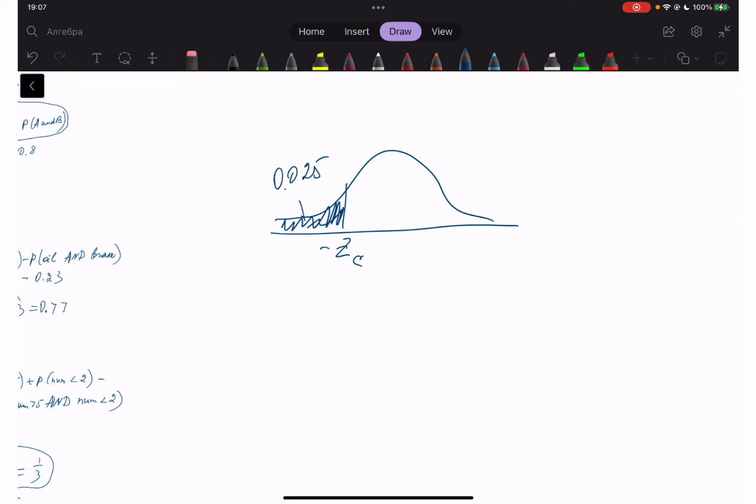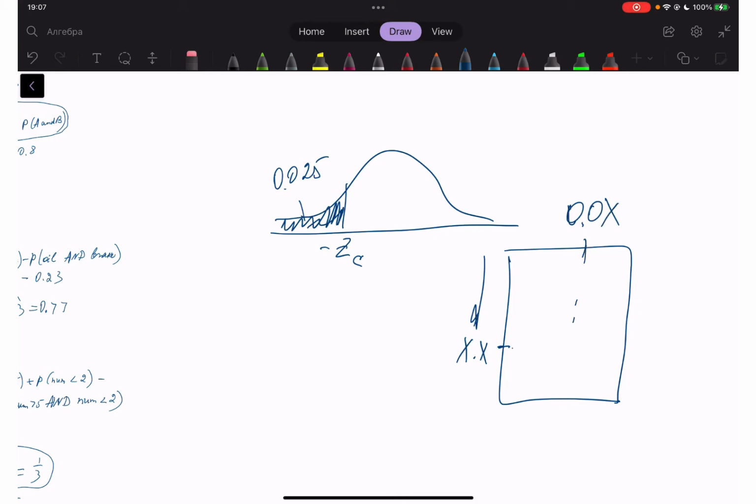So how am I going to find it? Till now we learned based on the Z-score, right? We would pick the whole number and first decimal, and then the second decimal, and the intersection would give me the probability. Now we're going to do the opposite. My probability is given, which is 0.025, and that is 2.5%.